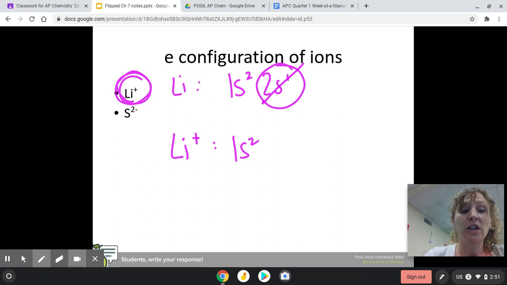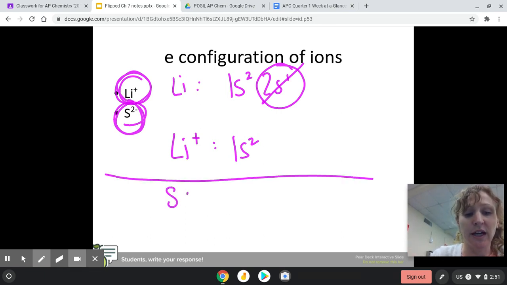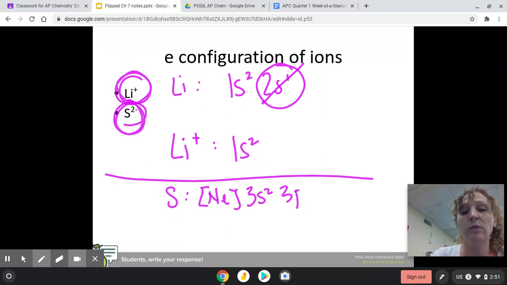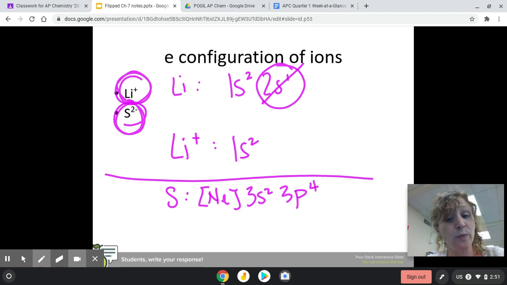The configuration for anions is similar. So if you start with sulfur's electron configuration, let's do its noble gas configuration and save ourselves some work. 3s2, 3p4. All right, so sulfur forms a 2- ion.